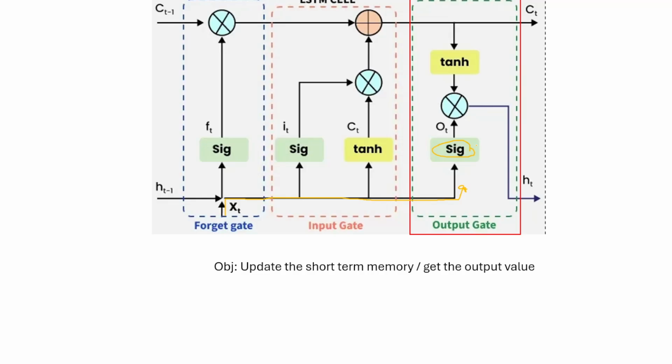Again, it's a sigmoid. Let's say it's 0.75 or 75%. So from this input, we get 75%, which is the percentage that we decide to keep.